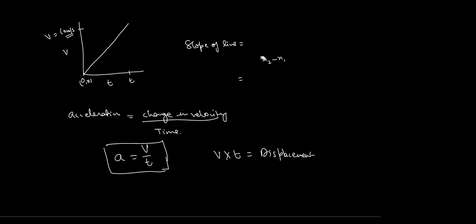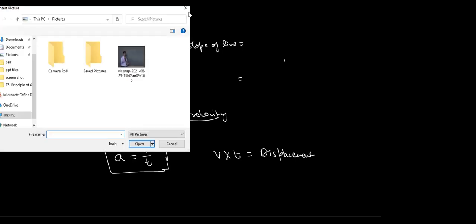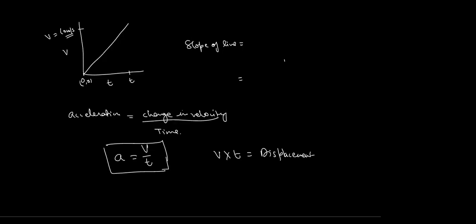Then the slope of the line will be the value of the y axis, whether velocity or whatever quantity is present there, divided by the time, the value of the x axis.